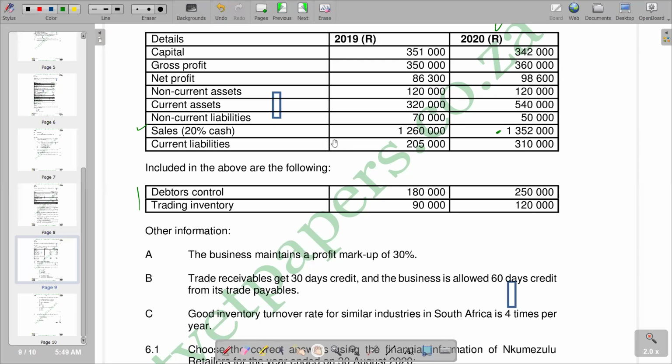On the next question, that is our 6.2, we are going to calculate our individual turnover rate. And obviously, we need to first put down the formula of individual turnover rate.